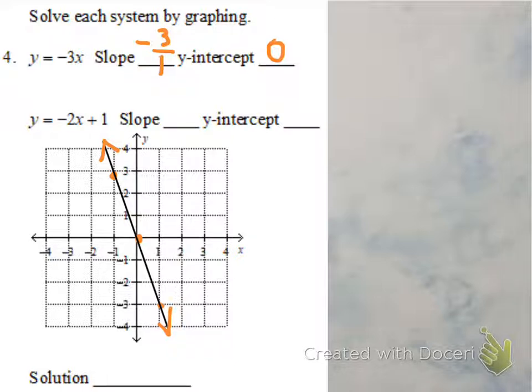And then for the second one, our slope is -2/1. Y-intercept's 1, so plot a point at 1 on the y-axis. And then go down 2 to the right 1. You can also go up 2 to the left 1.